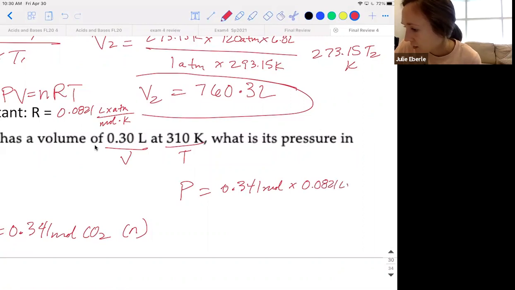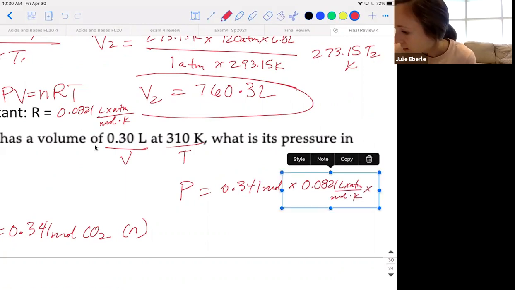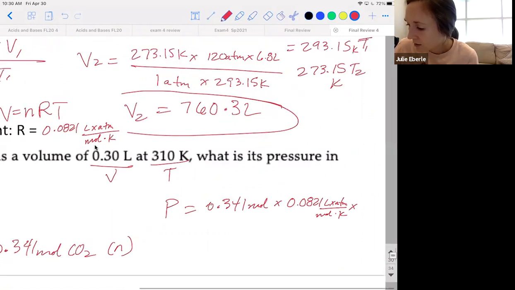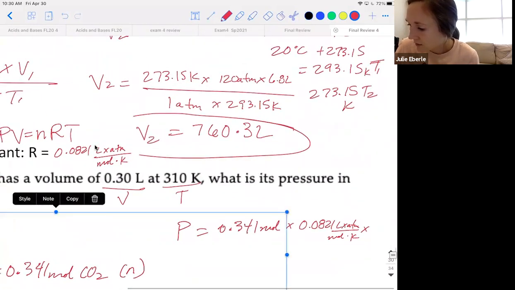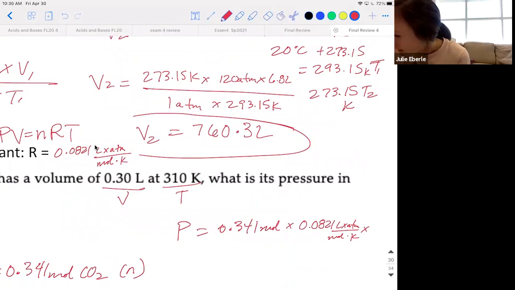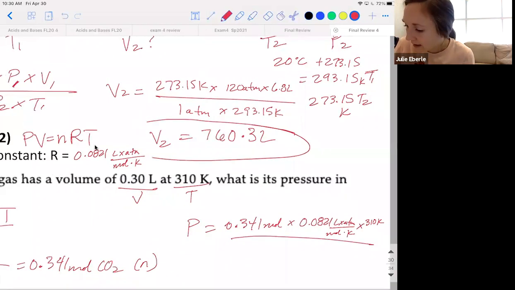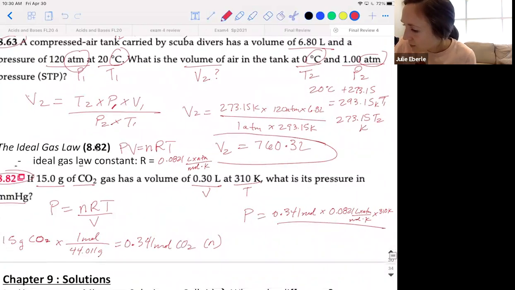Units there are liters, atm, per mole, Kelvin, and then times T, which is 310 Kelvin. And you divide this by volume, which is 0.3 liters.